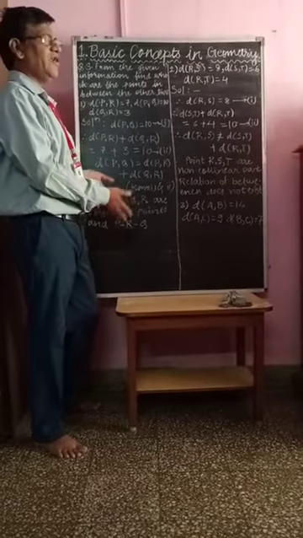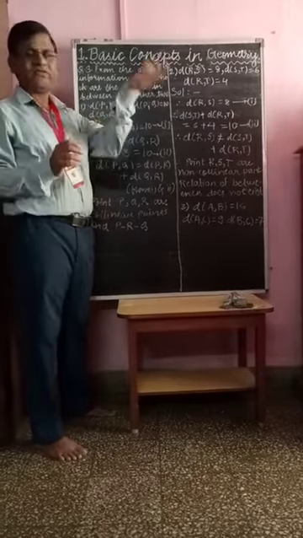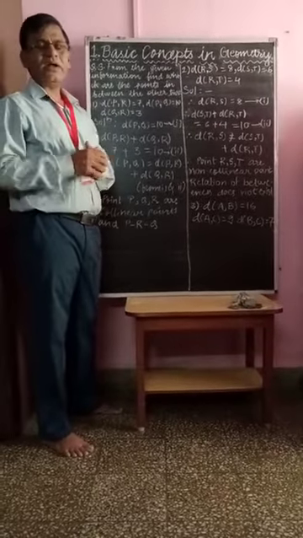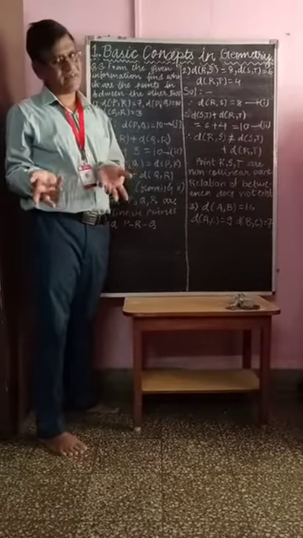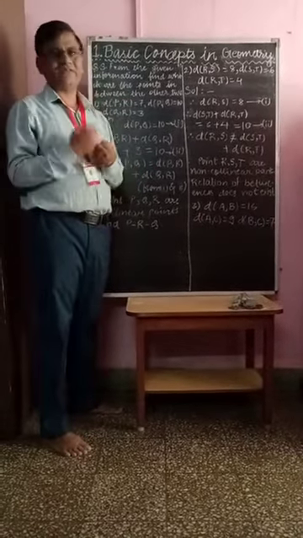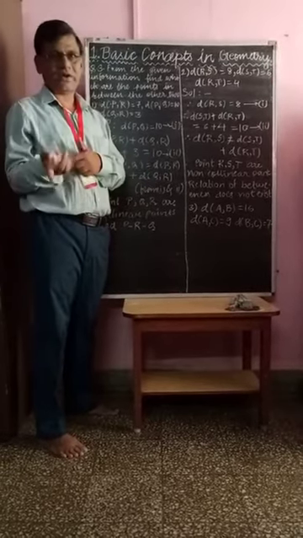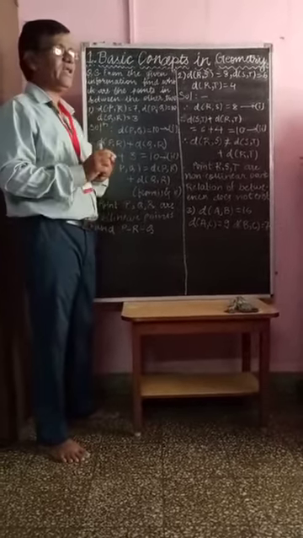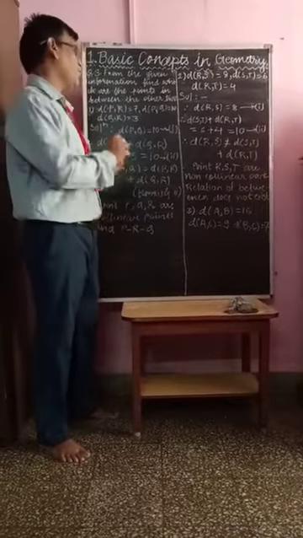If you get any one of those conditions, you can say that these points are collinear. Now distance AB is given, distance BC is given, and distance AC is given. By those distances you can find out whether they are collinear or not, and if they are collinear, then you can say which point is in between the other two. Now how can you say?